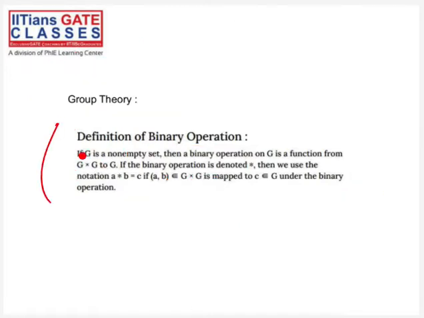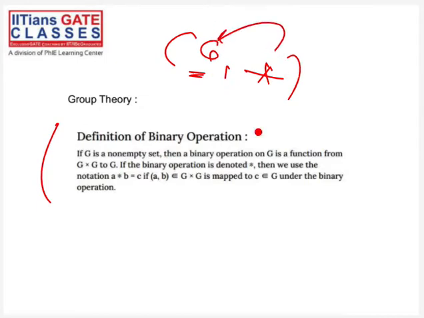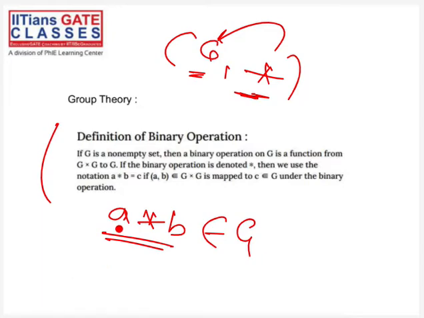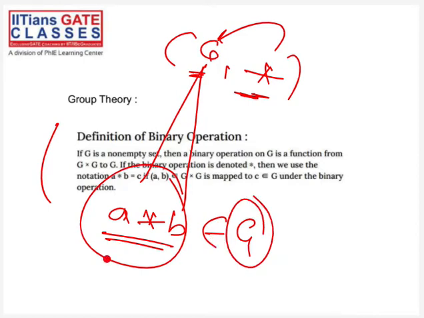If G is a non-empty set, so G is your base set, and star is some operation defined on G, then we will call star a binary operation if and only if a star b also belongs to G. If you take two elements from G, then the result must also belong to G. So the closure property is implicit in the definition of binary operation.